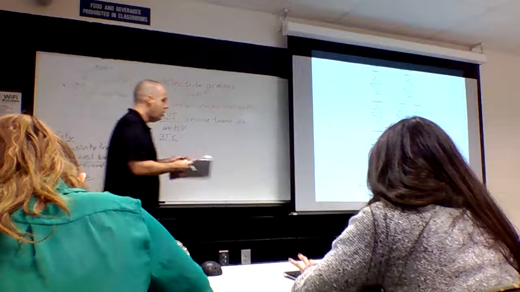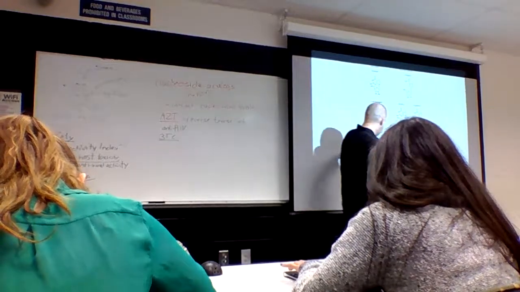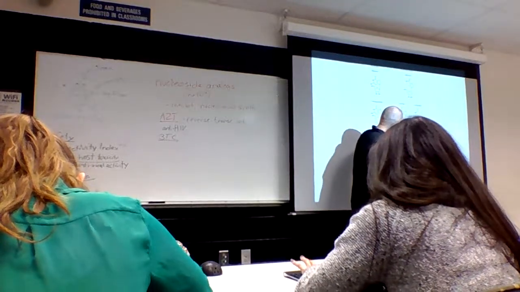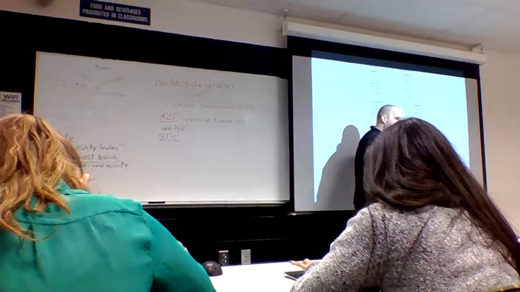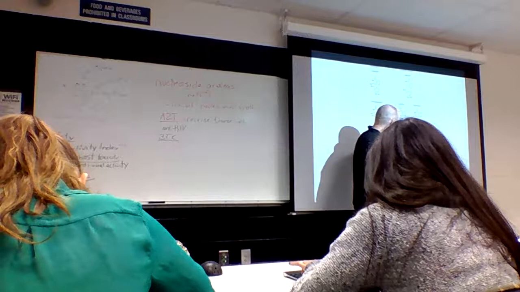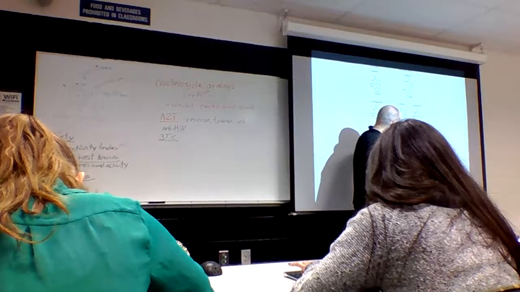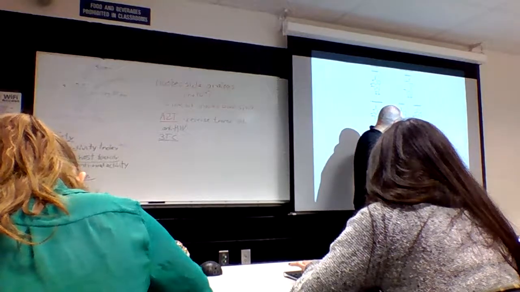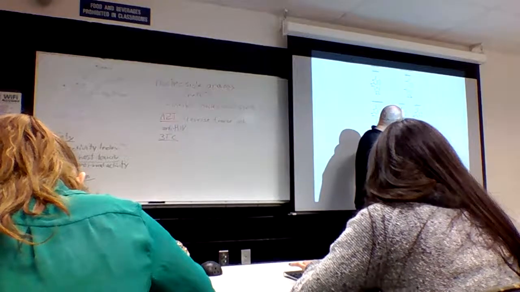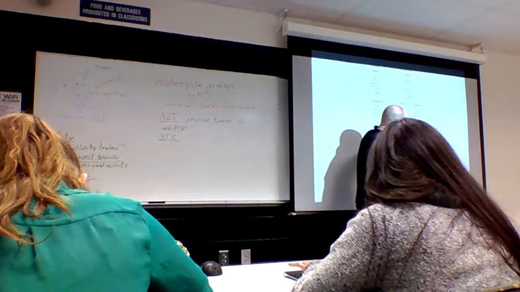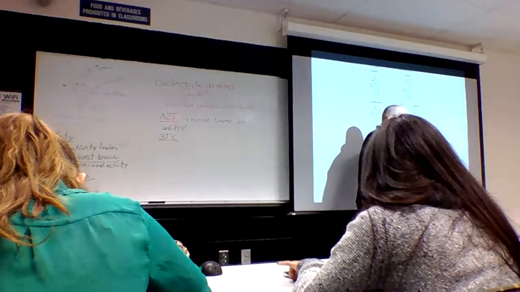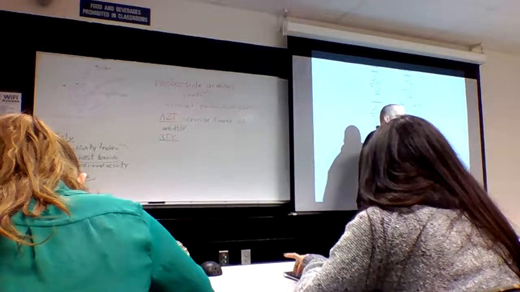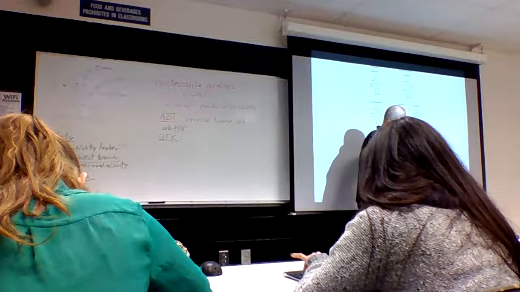So azidothymidine is here. What you have is an analog of a nucleic acid. The way all of these drugs work is by binding the polymerase. In this case, this one is very specific for reverse transcriptase.